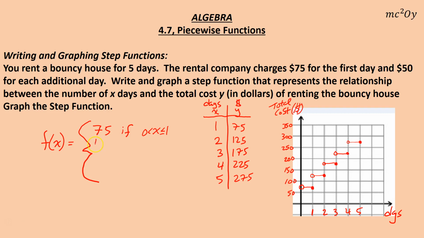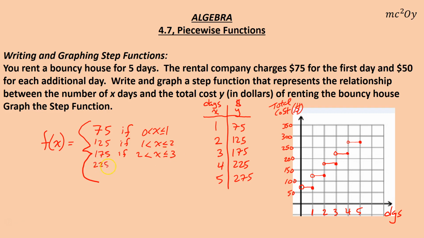And it's going to cost me $125 if x is greater than 1, but less than or equal to 2. It's going to cost me $175 if the number of days x is greater than 2, but less than or equal to 3.